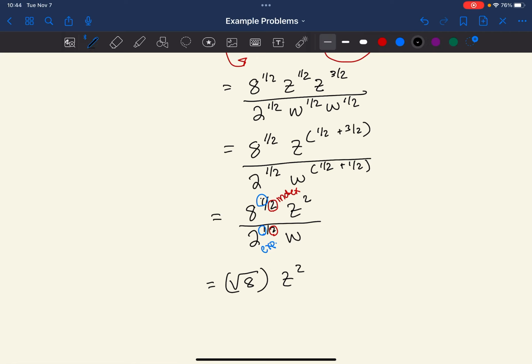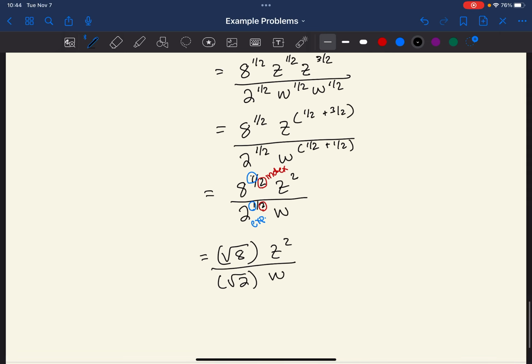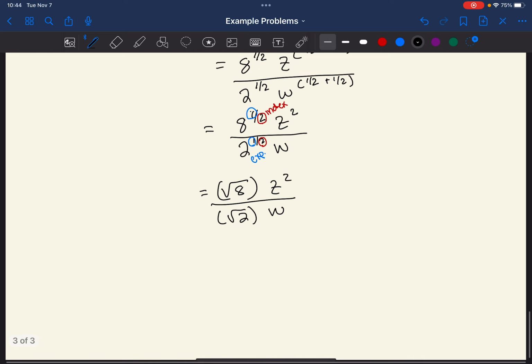Same with the bottom: this is the square root of 2, w. So now we just need to see if we can simplify our radicals to see if anything can cancel out.